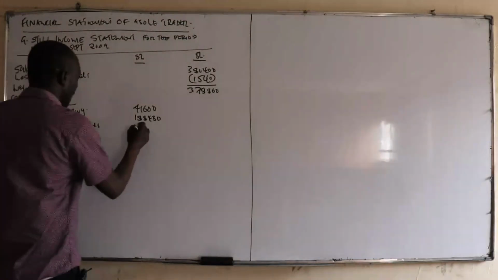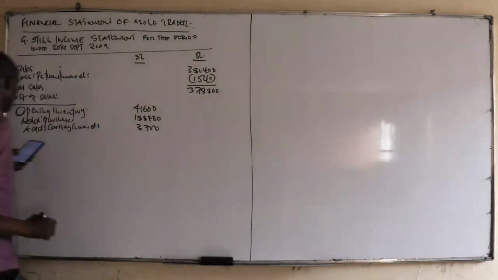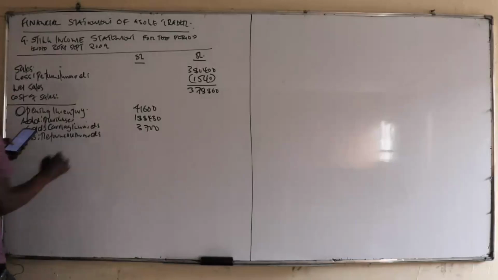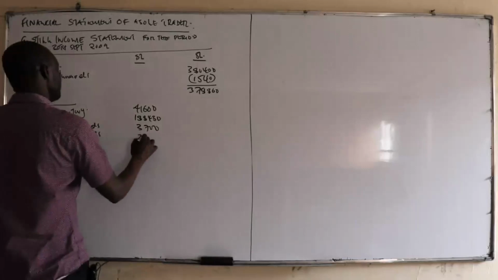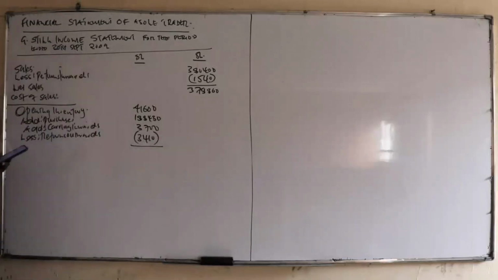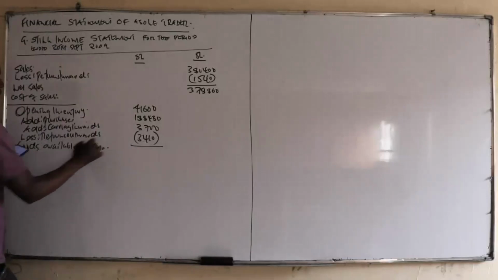So you add 3,700 there, and then you less returns outwards. Returns outwards is 3,410. And then you get what we call goods available for sale.